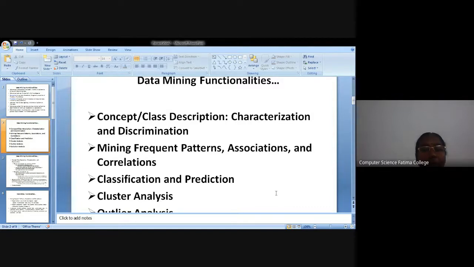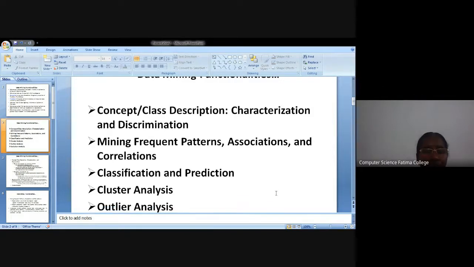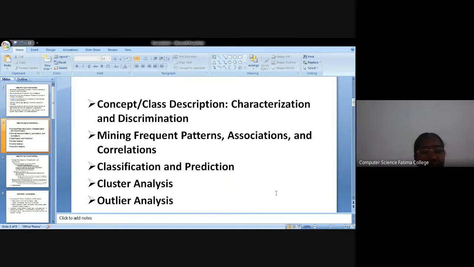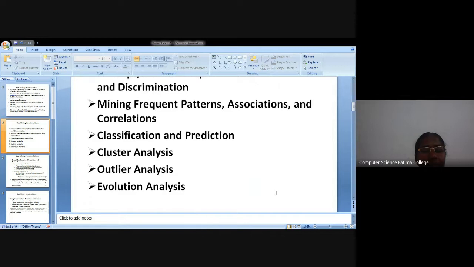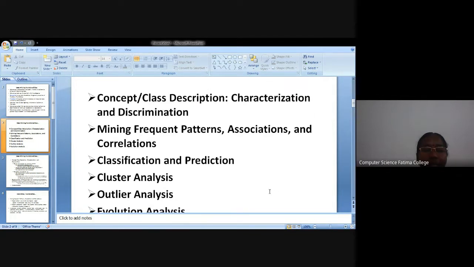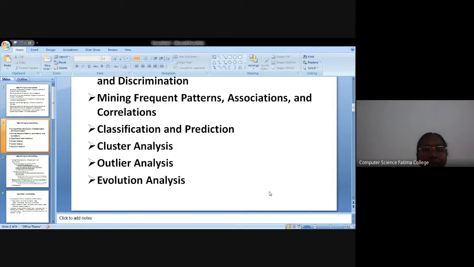Second, mining frequent patterns, association and correlation. Third, classification and prediction. Fourth, cluster analysis. Fifth, outlier analysis. And sixth, evolution analysis. Using those functionalities applied to the large data set, we would like to find the interesting patterns.